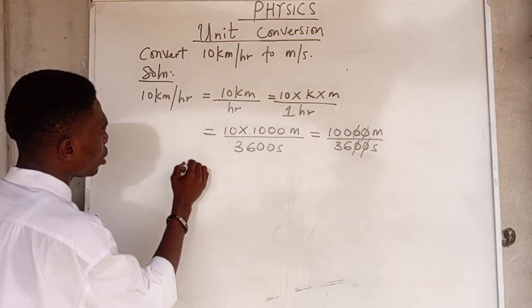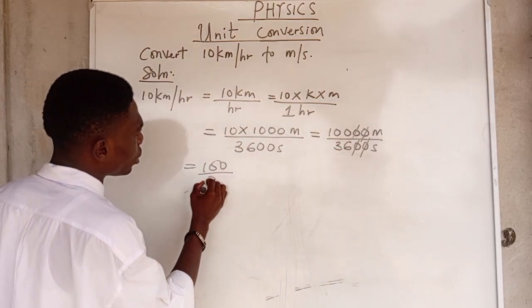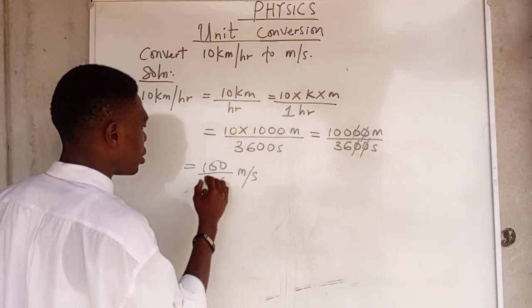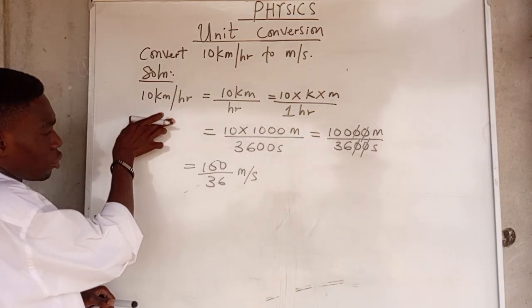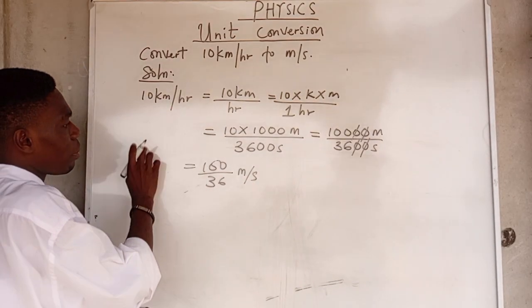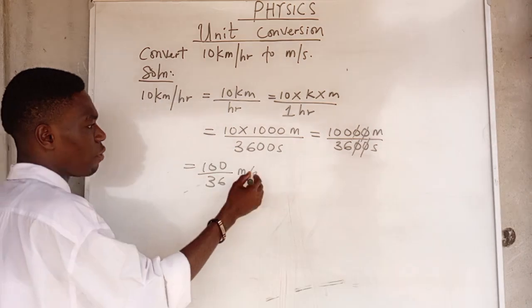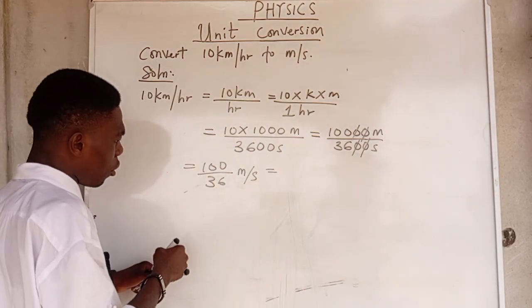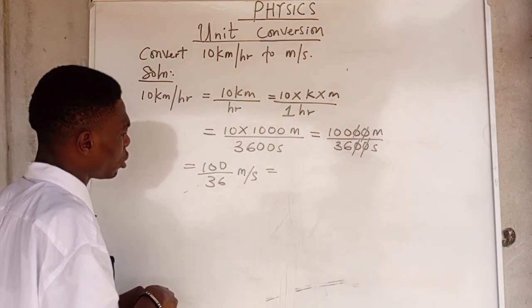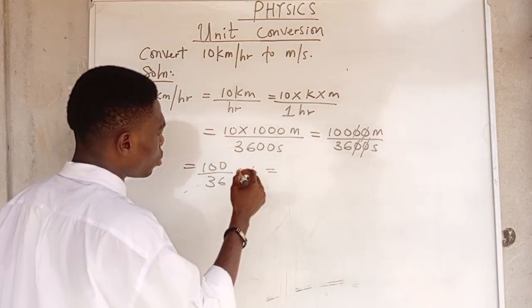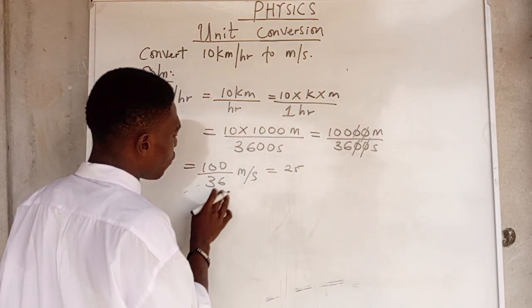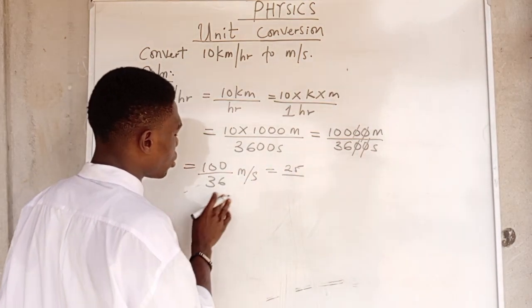So let's start simplifying this. So this will give us what? 100 over what? 36 meter per second. So you have succeeded in converting 10 kilometer per hour to meter per second. So we can simplify this further. All right, 4 can go into both the numerator and the denominator. 4 into 100 will give us 25, and 4 into 36 will give us 9.